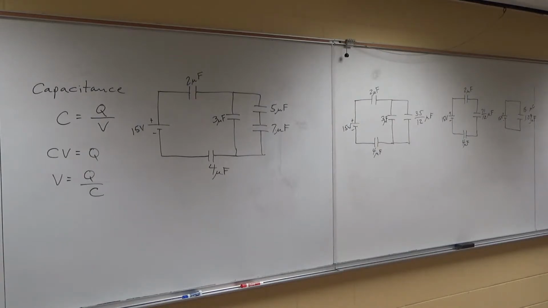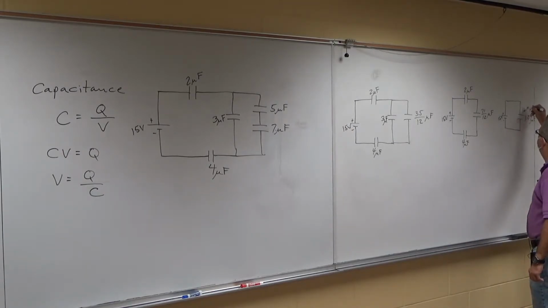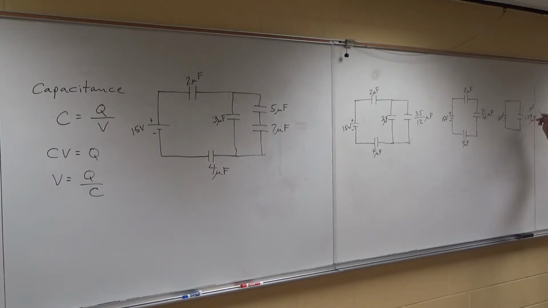What do you get? 1.09 times 15. 16.3. Everybody agree with that? It's 16.35. Okay, we'll go with that.